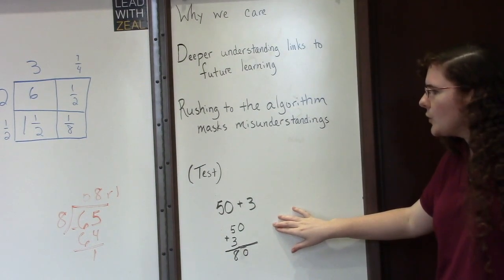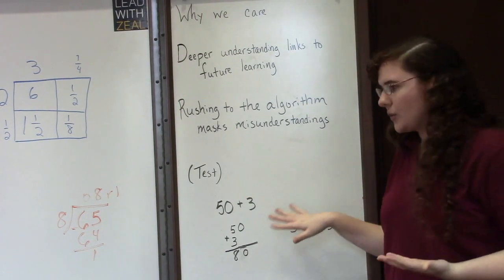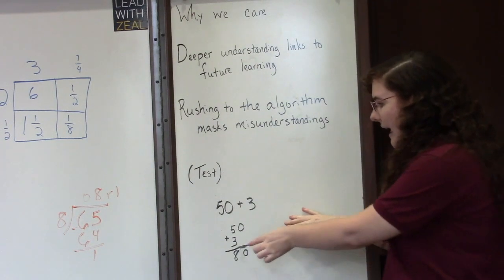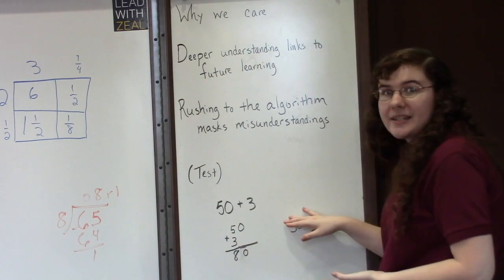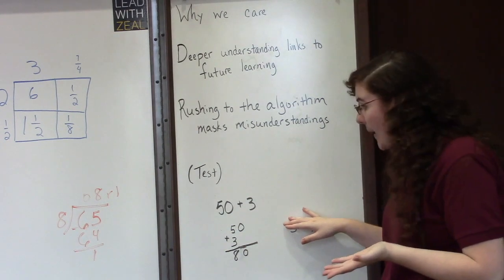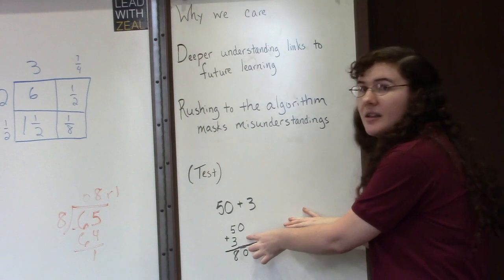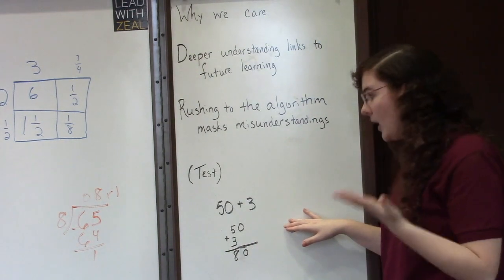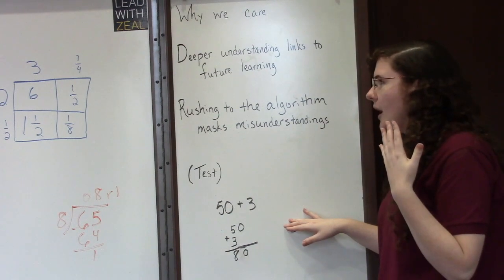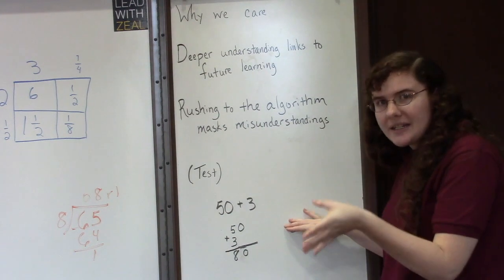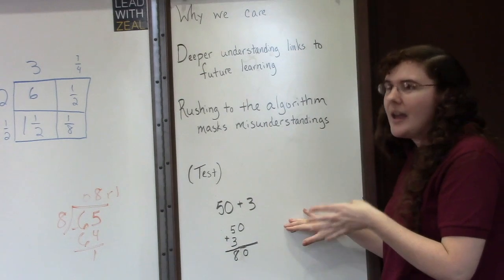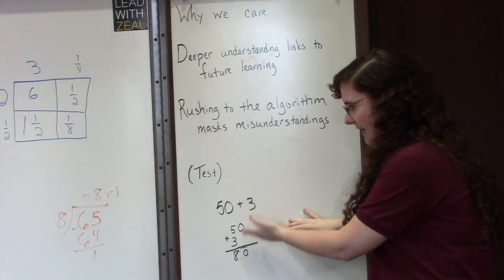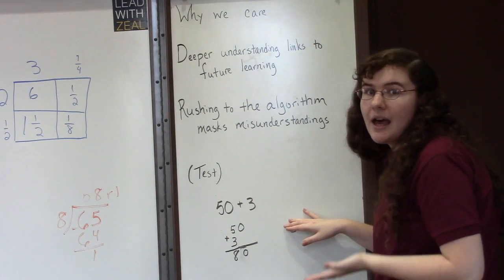Students who have been rushed to stage 3 don't necessarily realize why they're doing any of these steps. So they have no way of knowing that the 3 ought to be in the 1's place because they've never stopped to break a number apart into, if it was 24, 20 plus 4, as opposed to just rushing straight to this and saying, let's put these numbers underneath each other.